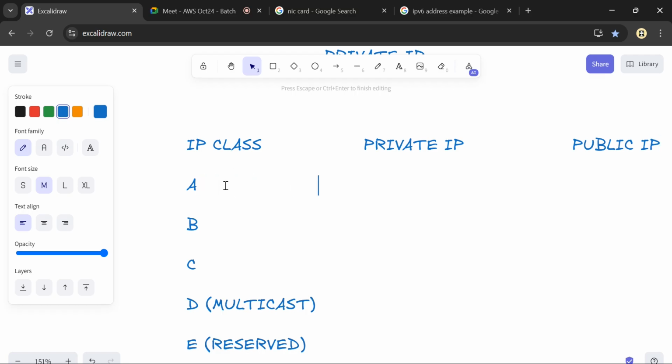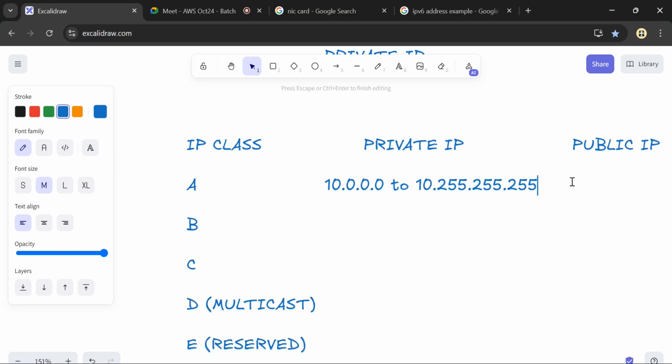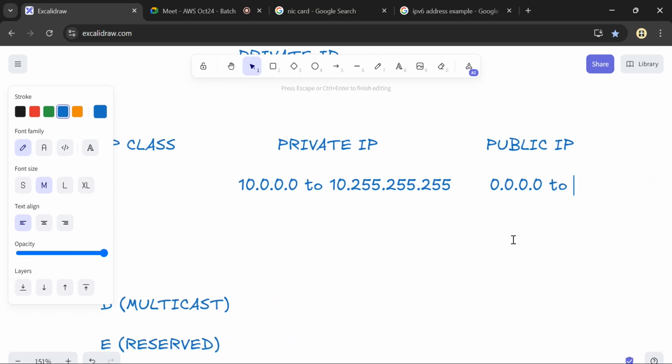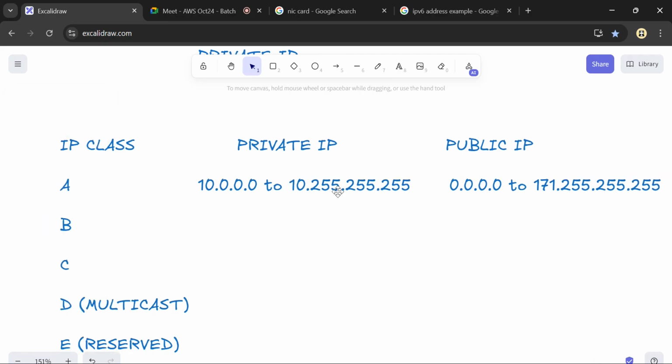In class A, I have already told you the private IP is in the range of 10.0.0.0 to 10.255.255.255. Anything outside this is a public IP. So public IP will start from 0.0.0.0 to 9.255.255.255 and from 11.0.0.0 to 171.255.255.255. This is the public IP because it is outside the range.